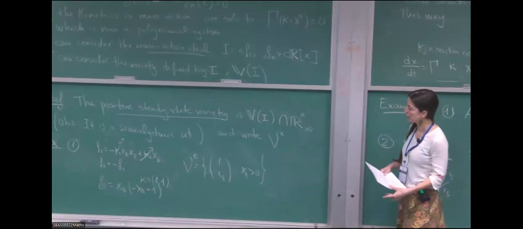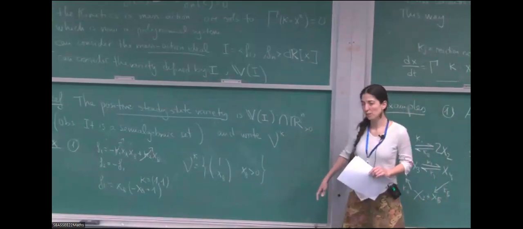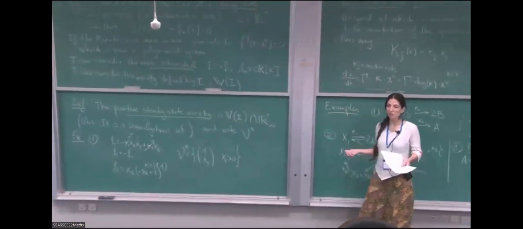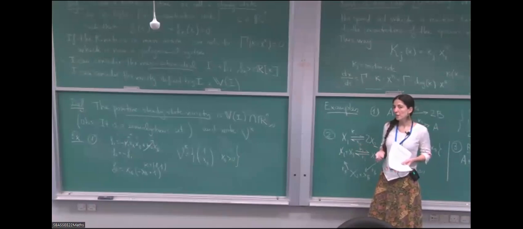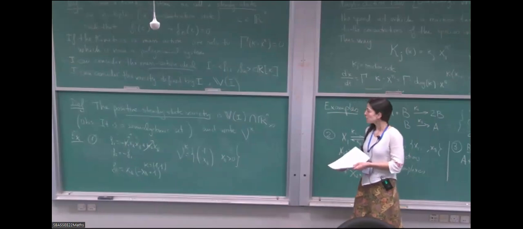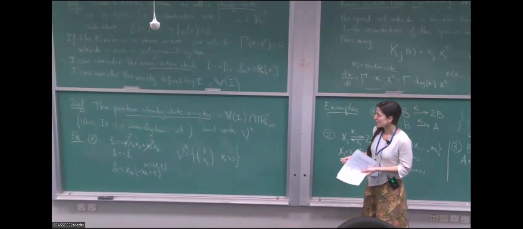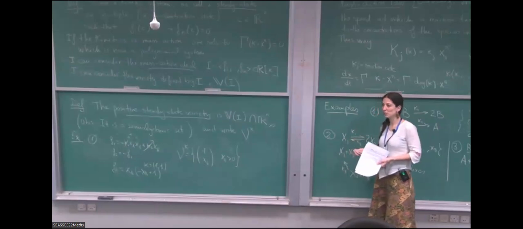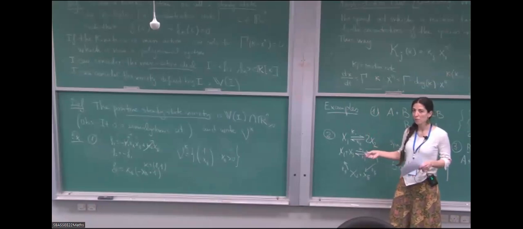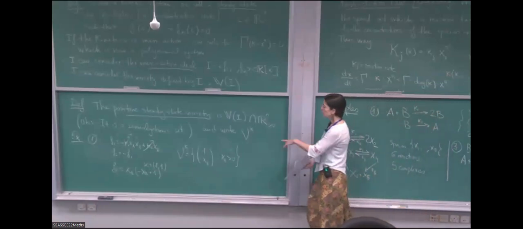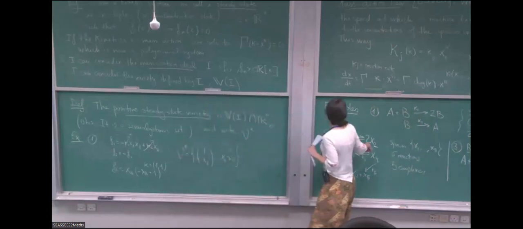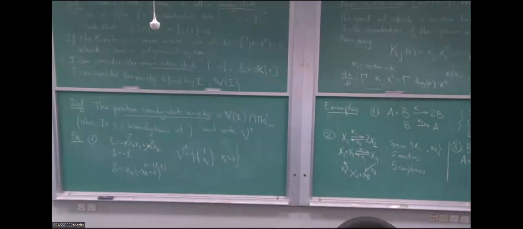But actually, the values of the parameters, of the reaction rates, are normally unknown, or they depend on the environmental conditions, and they are measured in the laboratory, so they would be numerical approximations. So I want to determine properties that are not very sensitive to these approximations. So I want to consider the whole family of positive steady state varieties parameterized by k. So I will consider the k's here as parameters that can take positive values.